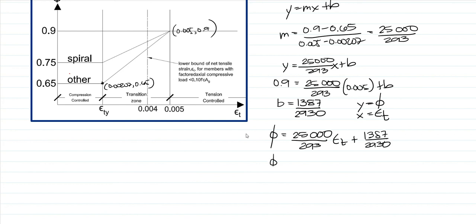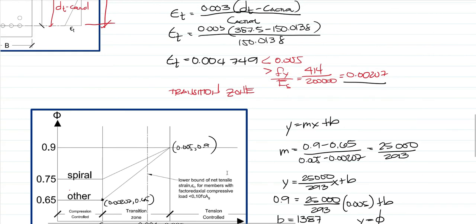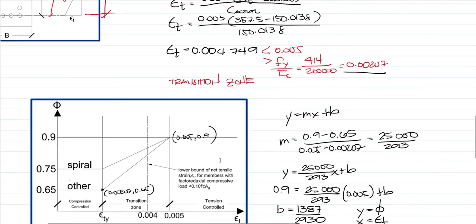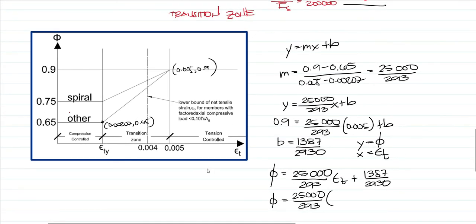So, our reduction factor now will be equivalent to a value 25,000 over 293 times our epsilon sub t, which is 0.004749, plus 1387 over 2930.